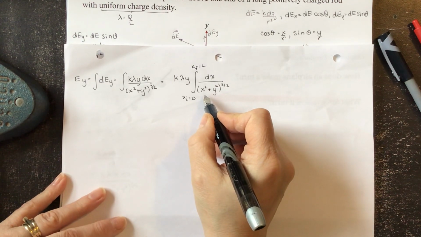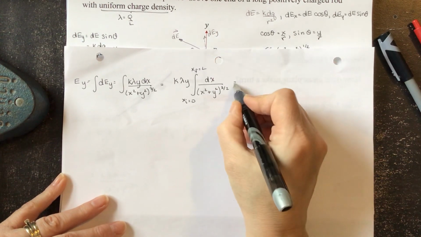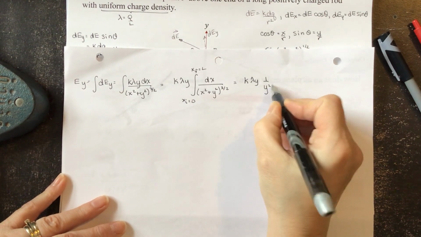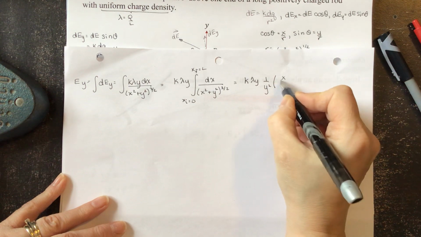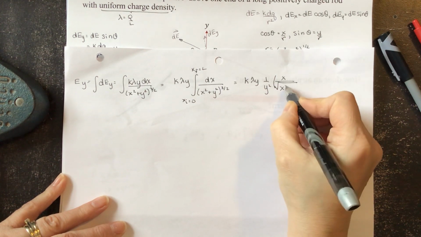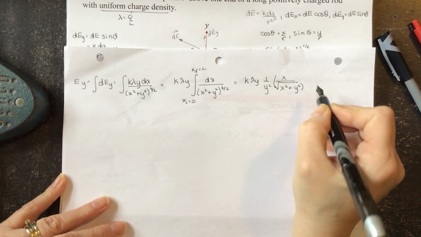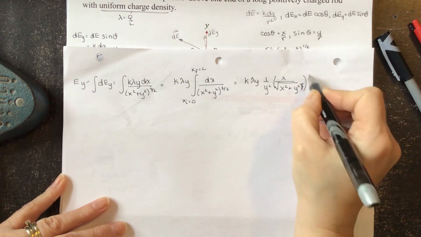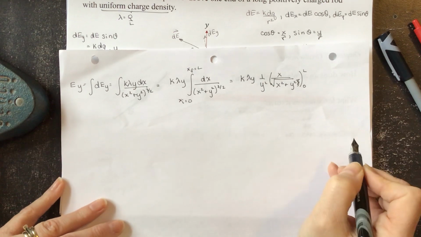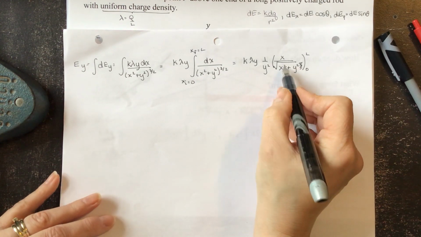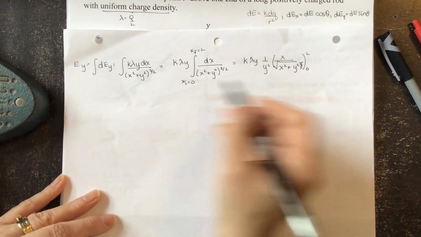Again, you can look this up in a book if you don't feel like integrating it out. We get k times lambda times y times 1 over y squared times x over square root x squared plus y squared. That looks right. Evaluated at L and 0. Okay, so we've got to put in x equals L and x equals 0.